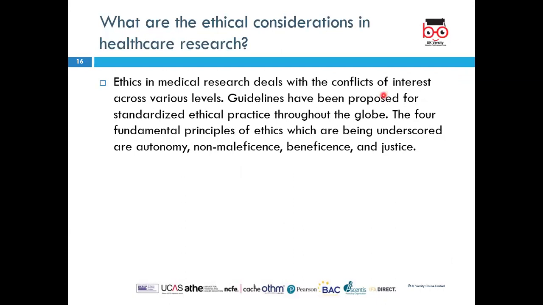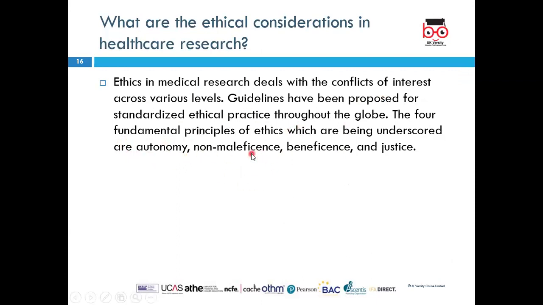So in healthcare research, what are the ethical considerations that we could have? Ethics in medical research deals with the conflicts of interest across various levels. Guidelines have been proposed for standardized ethical practice throughout the globe. The 4 fundamental principles of ethics are autonomy, that every person has the autonomy to decide whether they want to be a part of the study or not.